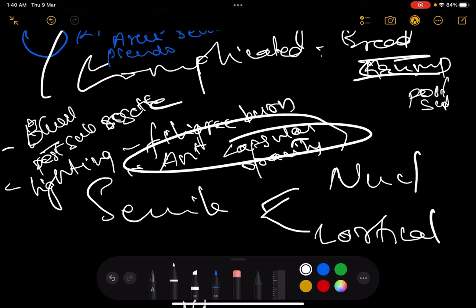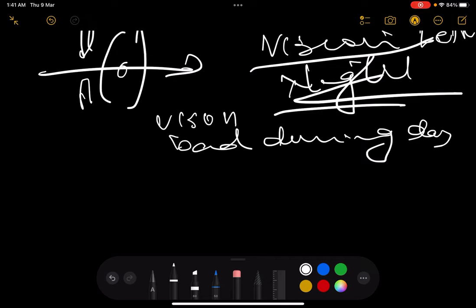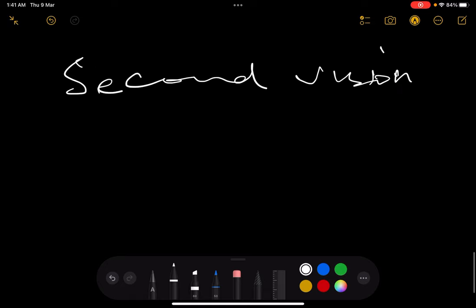So that is nuclear cataract. And in nuclear cataract, there is something called second sight. This is very important. Sometimes patients come and say, you know what, actually my numbers are gone, simply because the patient says there's improvement in near vision, but the patient is already presbyopic.